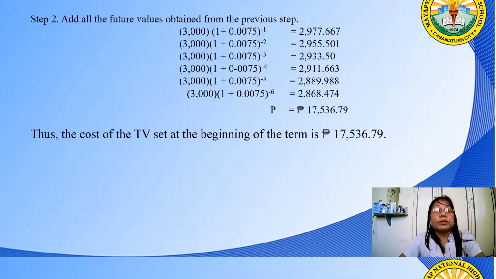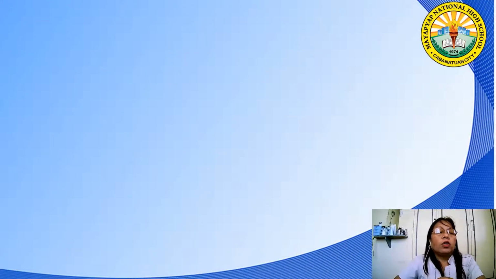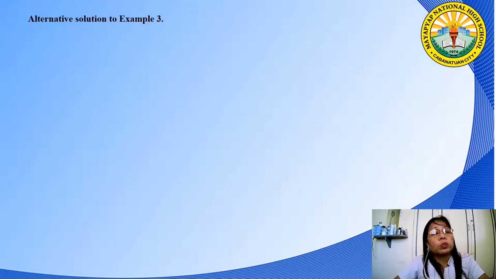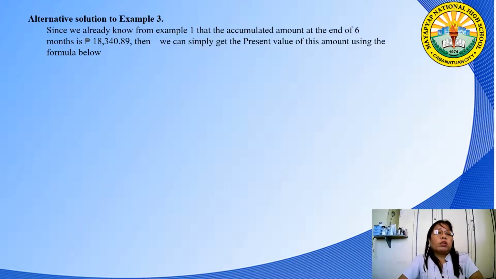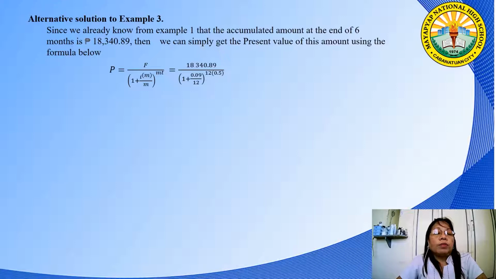Instead of using the very long formula in finding the present value in this problem, we have an alternative solution. Since we already know from example 1 that the accumulated amount at the end of 6 months is 18,340.89, we can simply get the present value of this amount using the formula below. P equals F over (1 plus i over m) raised to mt, where mt is n.